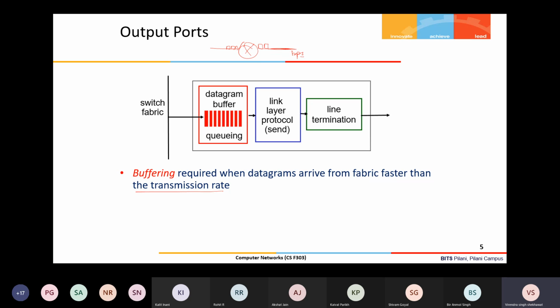Suppose the fabric is forwarding 2 packets in a unit time, on an average, to an output port, and the link speed, in that duration of time, can transmit only 1 packet.